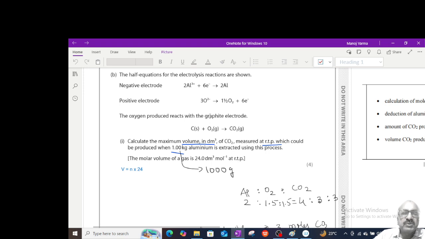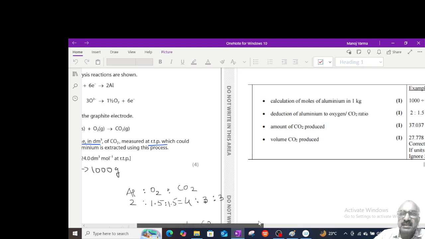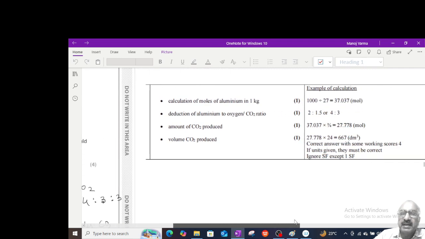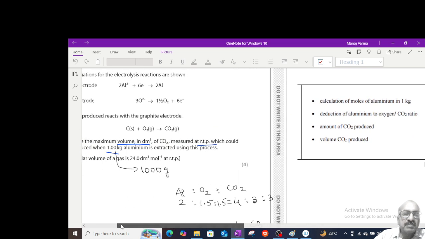So the first step is to convert this 1 kilogram to moles. 1 kilogram is 1000 gram, and when we convert it into moles, we divide by the molar mass of aluminum, that is 27, and that gives me 37.037 mole. Now from the moles of aluminum we have to find the moles of oxygen formed.